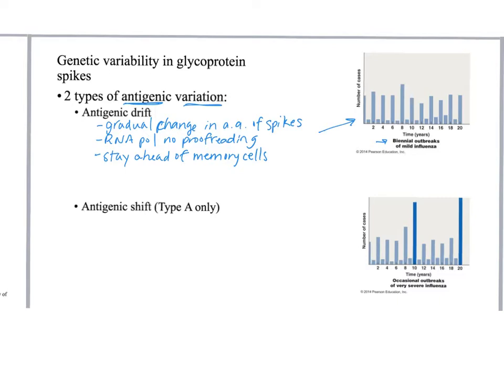There's another kind of antigenic variation that happens only with type A influenza. And the reason is because type A influenza can infect other animals as well as humans.